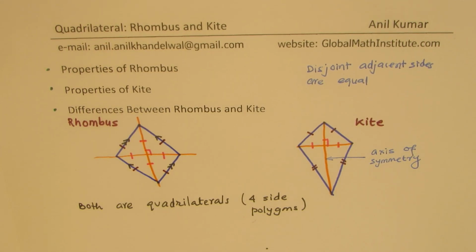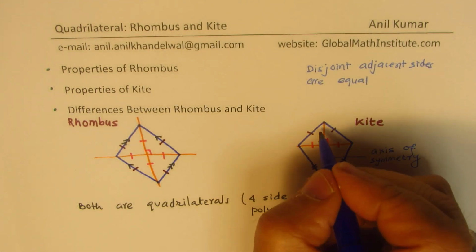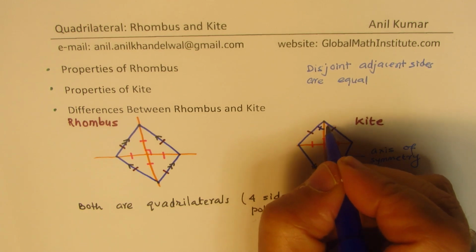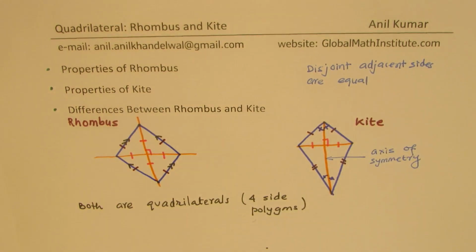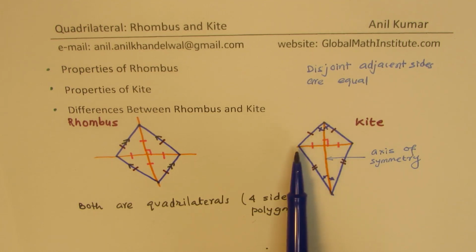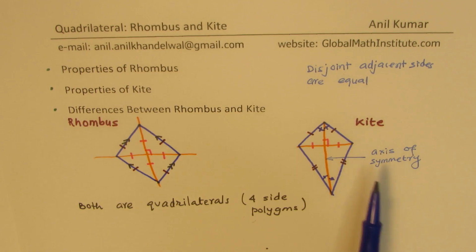You will notice that the longer diagonal bisects the angles here, but the angles are not bisected by the shorter one. Correct. So the axis of symmetry bisects the angles at the vertex.